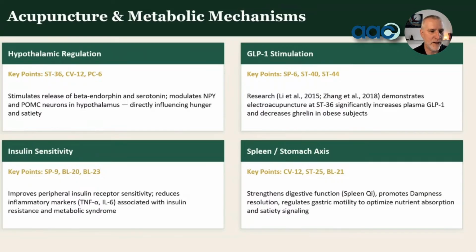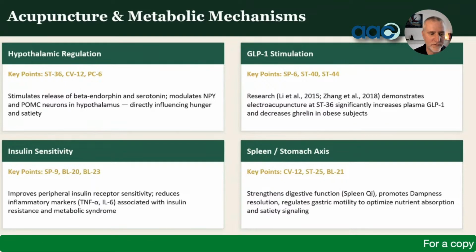But we know that stomach 36, CV12, and pericardium 6 help to regulate our metabolic process, our spleen deficiency, our spleen's ability to transform and transport and resolve phlegm and dampness.